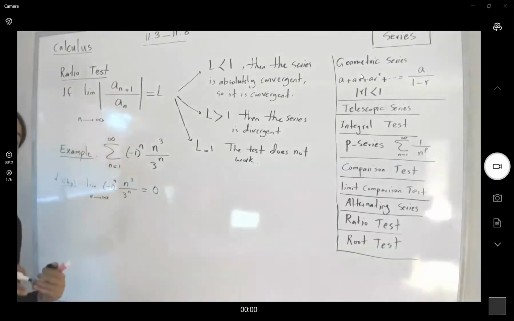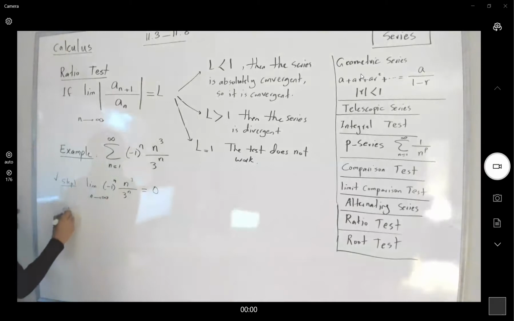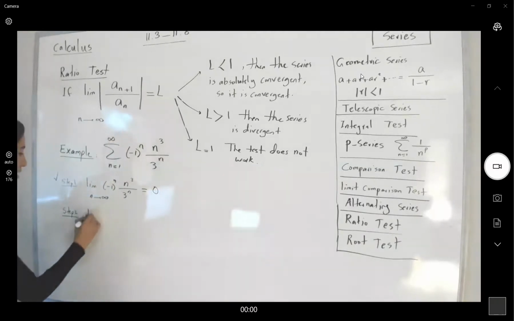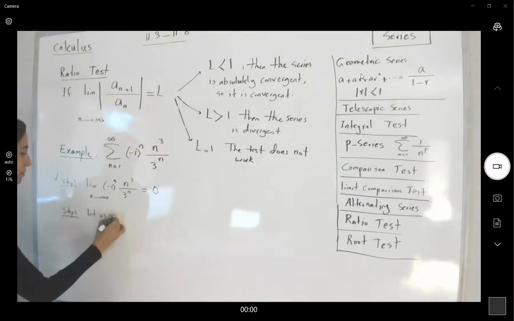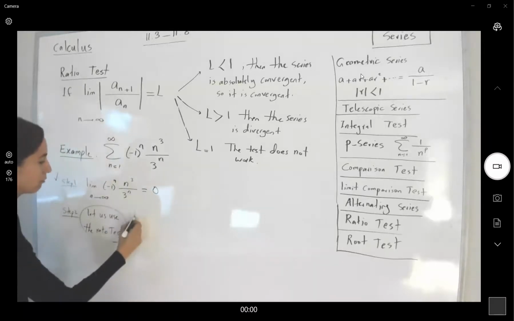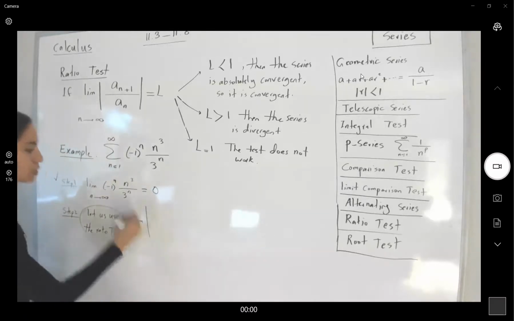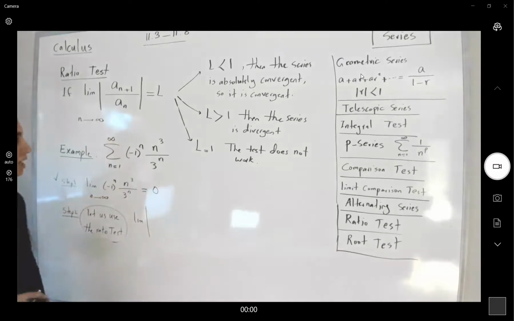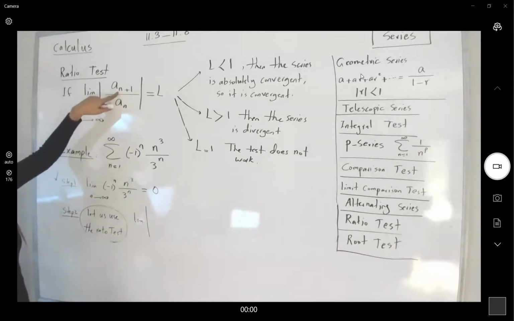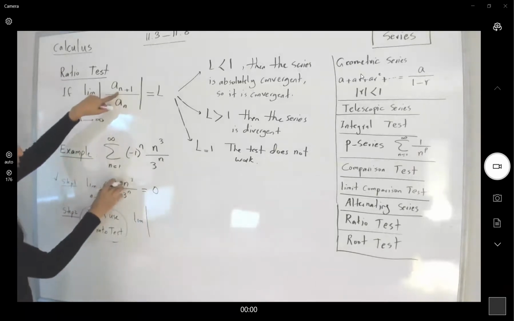So we can go to the next step. Step 2. Since we learned a new technique, let us apply that. Let us use the ratio test. The ratio test says, find the limit of absolute value of a sub n plus 1. It means that wherever you see n, you need to replace that by n plus 1.